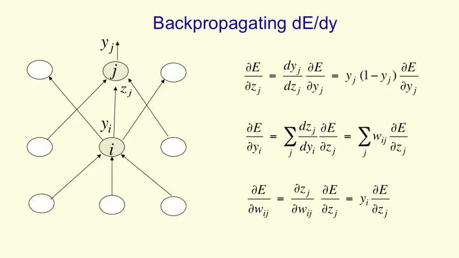So the rule for changing the weight is just you multiply this quantity you've computed at a unit, dE by dz_j, by the activity coming in from the layer below, and that gives you the error derivative with respect to a weight.